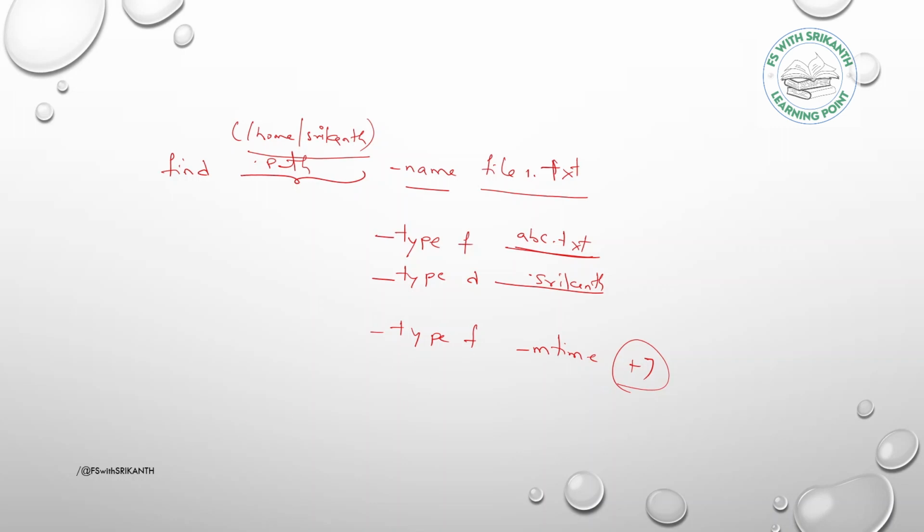Suppose I want to search all files in the current directory and subdirectories and print the name and size of each file. What is my requirement here? Search all files in the current directory and subdirectories, and print the name and size of each file.